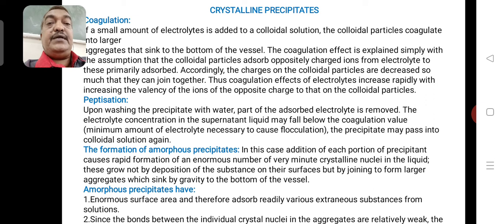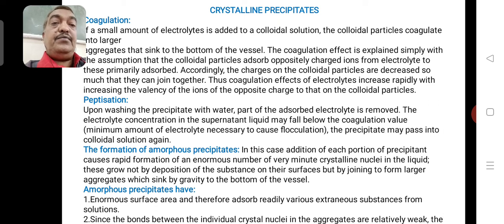Then comes peptidization. Upon washing the precipitate with water, part of the adsorbed electrolyte is removed. The electrolyte concentration in the subsequent liquid may fall below the coagulation value.